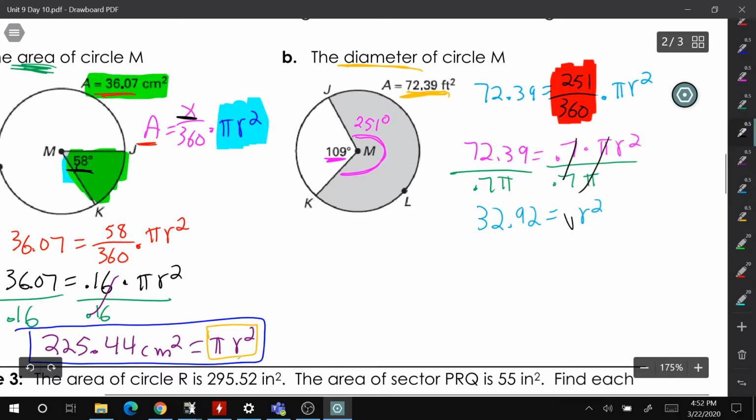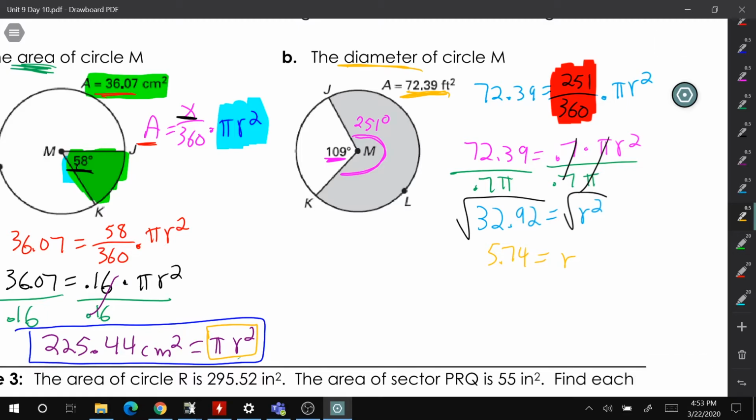And then we square root both sides. So the square root of 32.92 is 5.74. So 5.74 is equal to r. Well, remember, the diameter is 2 times the radius. So we have to multiply that by 2, and we get 11.48.